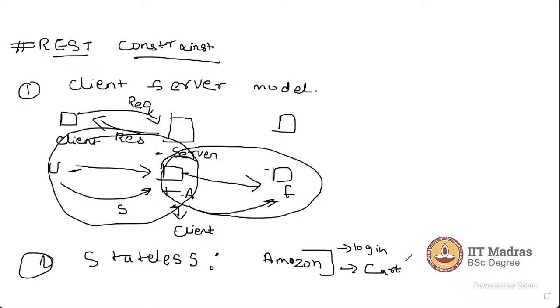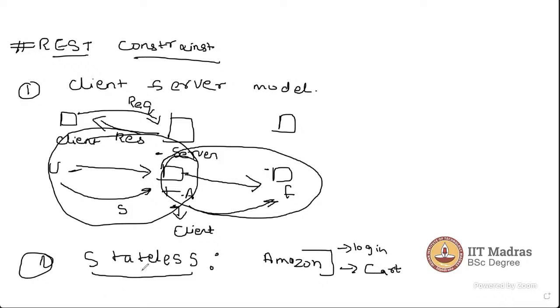Let's say you had spent 1 hour on that particular website. As long as you are at that website, all the activity is traced by that application. This is a stateful architecture. But in a truly RESTful architecture, this is not allowed. It is not allowed to retain information about the state of a machine during a communication process.